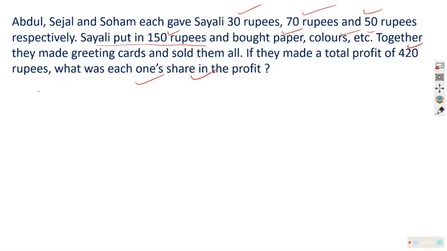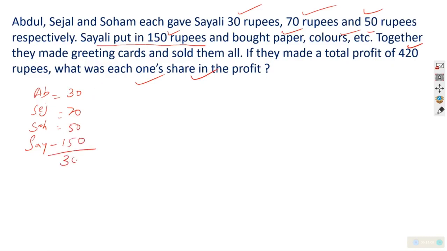So let me write Abdul, Sejal. I am writing in short form to save the video's time. The more the time, the heavier the video, with difficulty in downloading and uploading. Then Sai Ali herself. Here 30 rupees, 70 rupees and 50 rupees, and Sai Ali put 150 rupees.